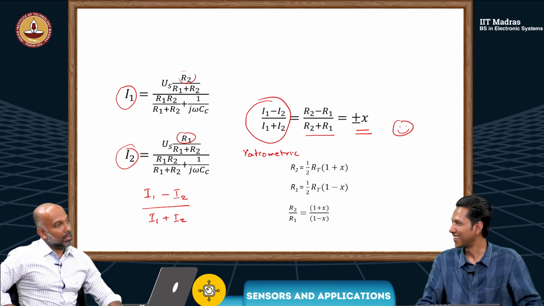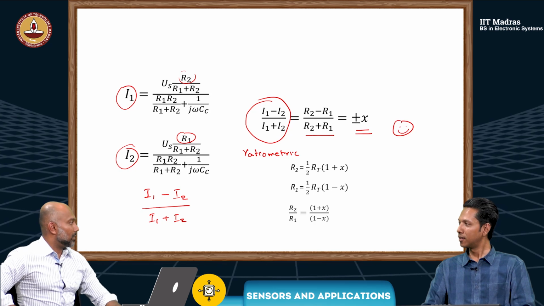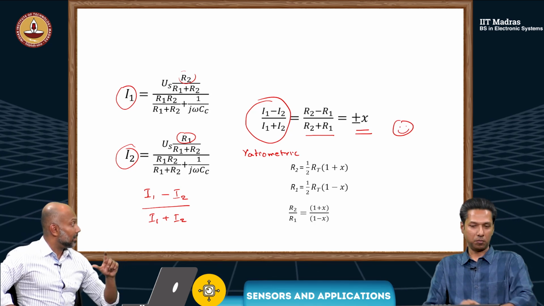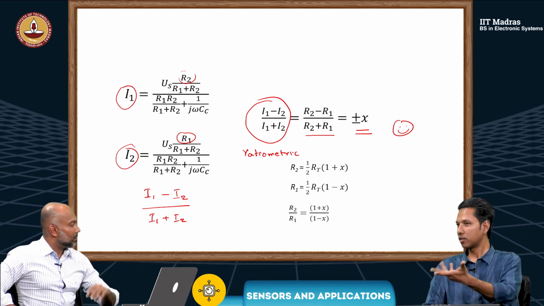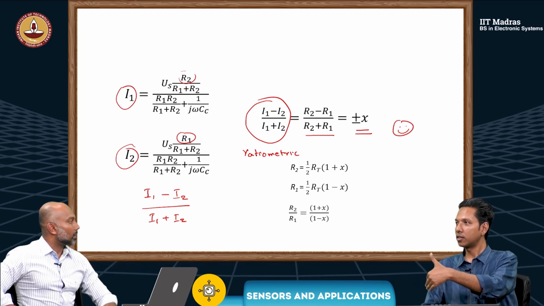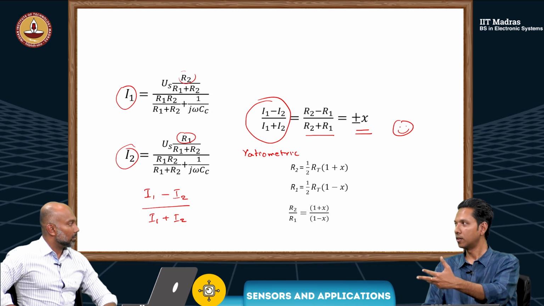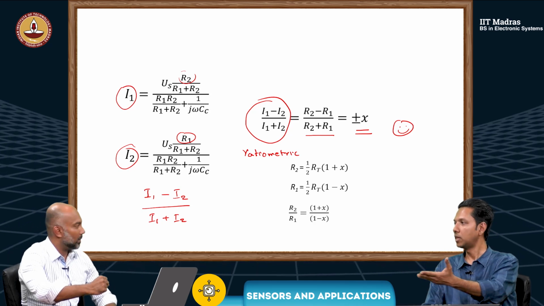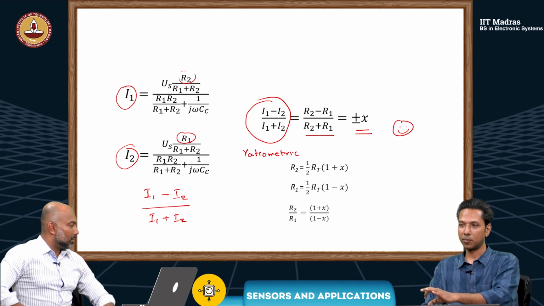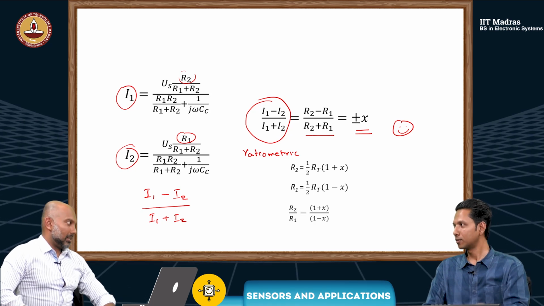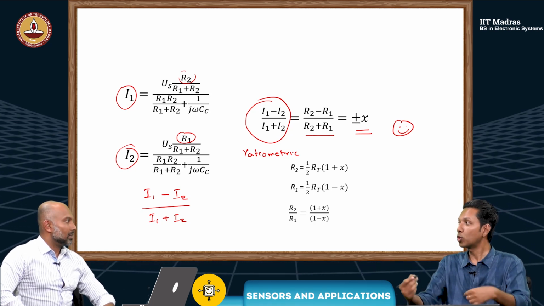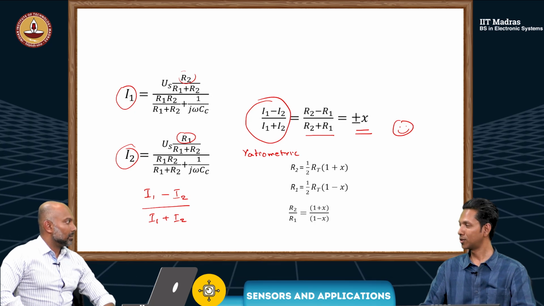But that means you have to switch the power supply very fast. Let's say you want to measure at 10 hertz. I will maybe switch at 100 hertz or 1000 hertz because it's only electronic switching, not manual switching.